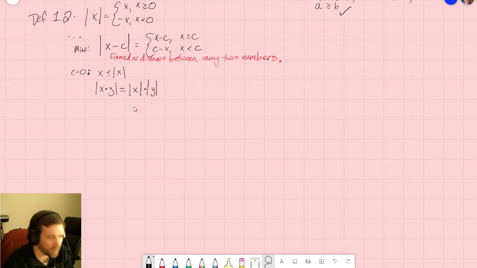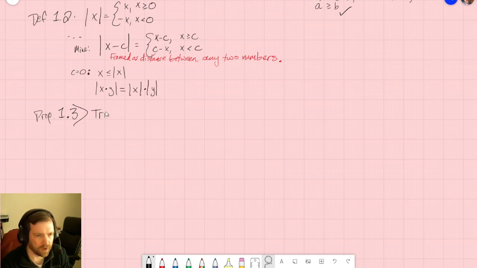Okay, so then proposition 1.3 is going to be the triangle inequality.